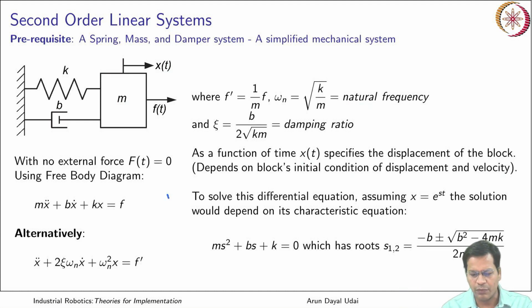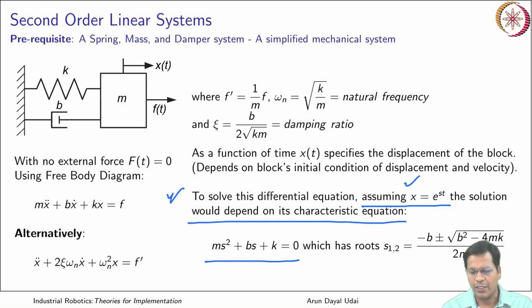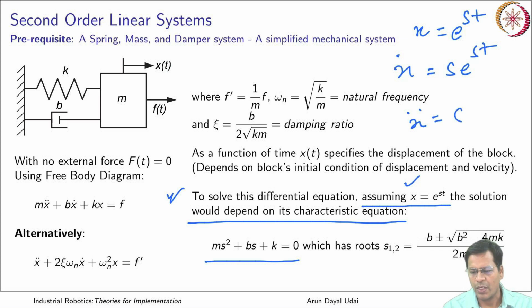So to solve this differential equation, I have assumed something like this. You have to substitute x equal to e to the power st, where s is a constant. The solution would depend on the characteristic equation which is given by this. Try substituting this. If x is e to the power st, then x dot is s e to the power st. Similarly, x double dot will give you s square e to the power st. Is it not?